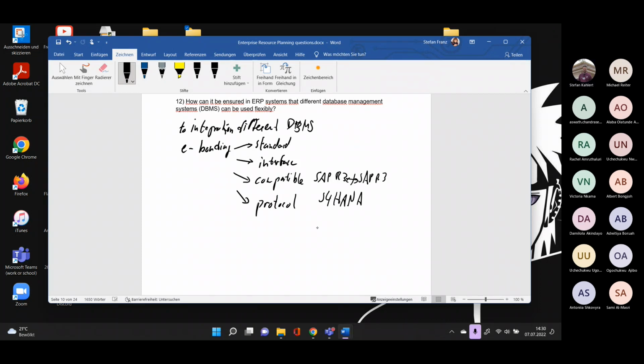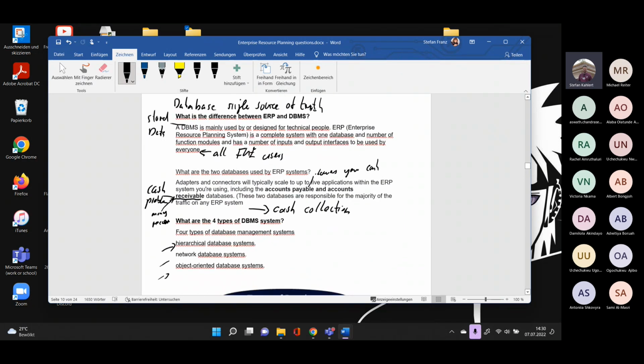But let's say you have an Oracle database, an SAP, or you have one from Sage or Microsoft, then you need to check if it's working, if the interfaces and the protocols are working, and if you can connect them somehow, and if the application would do that. And to be flexible, as has been said, it's almost impossible if you don't have a single source of truth, which we have here, right?